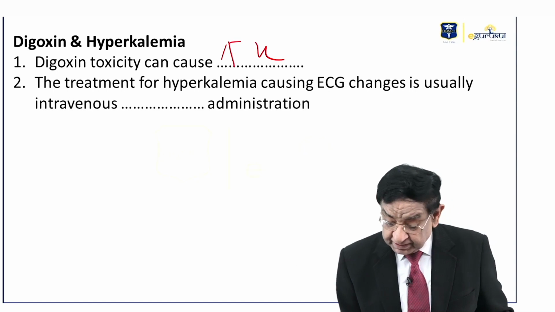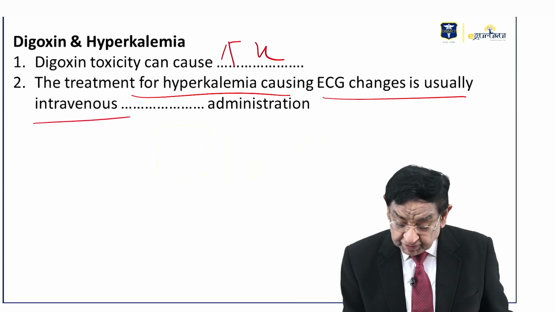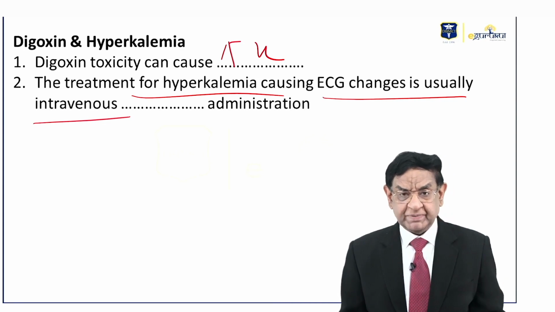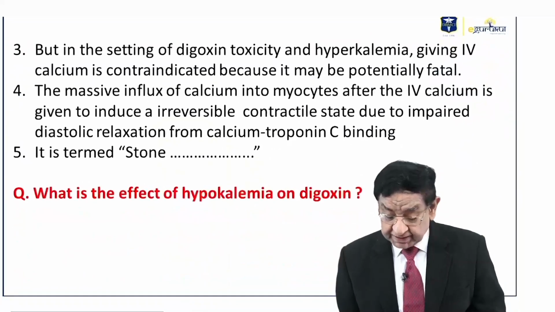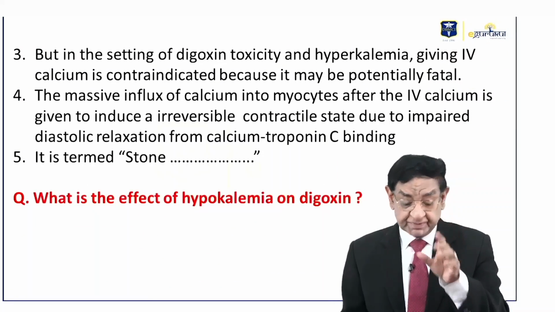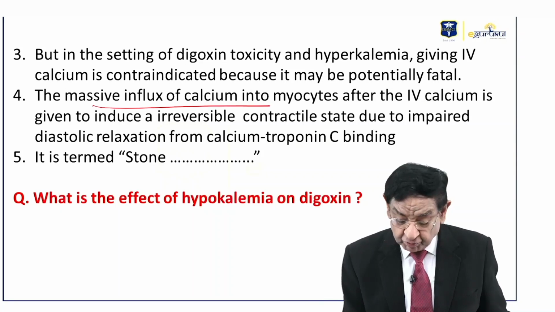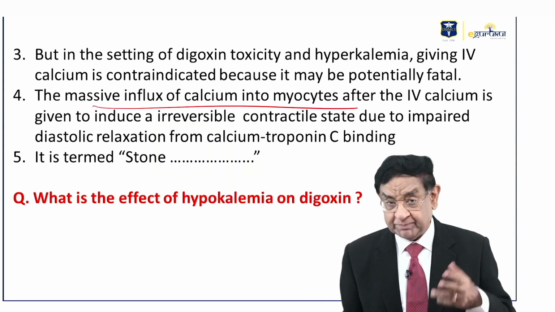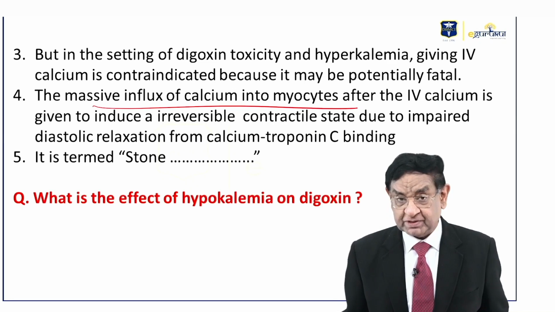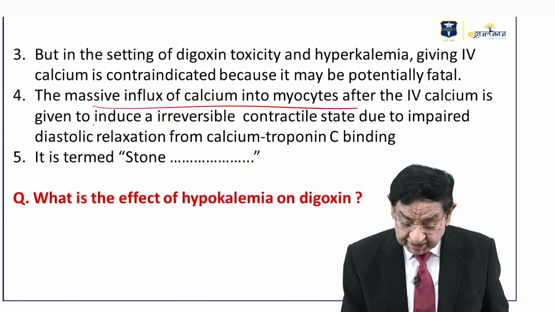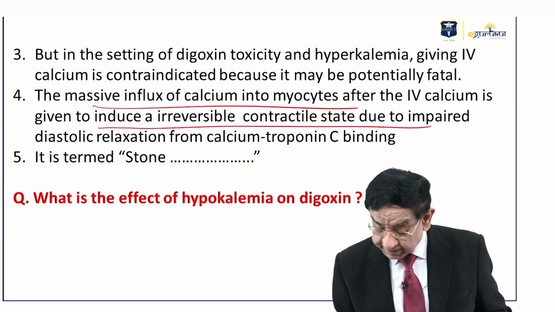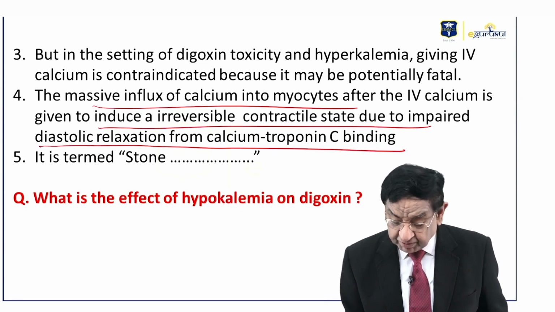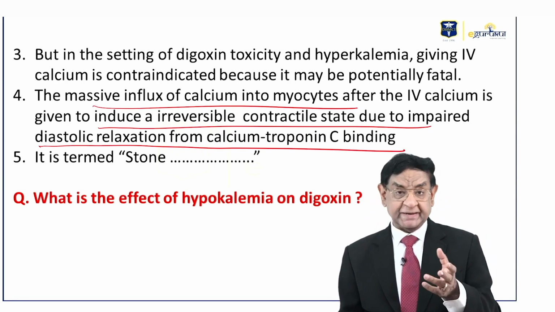Now, as I told you, treatment of any case of hyperkalemia is by giving intravenous calcium. But in this condition, if you give it, a massive influx of calcium will happen. The point I told you in the previous slide also. But it will induce an irreversible contractile state due to impaired diastolic relaxation from calcium troponin C binding.